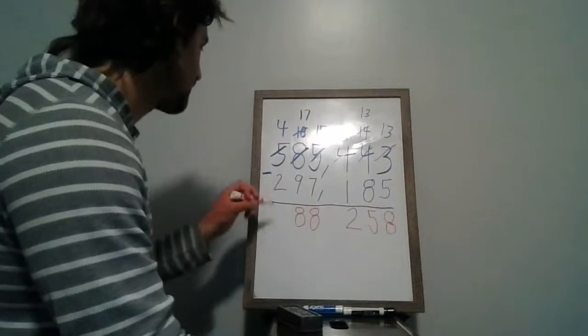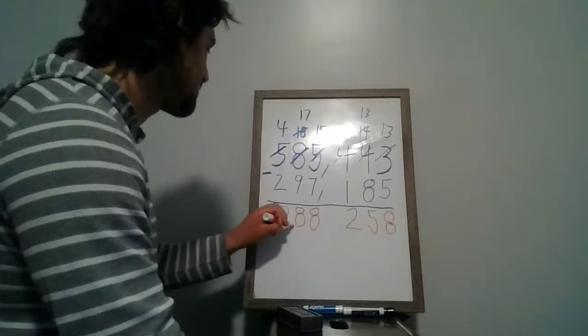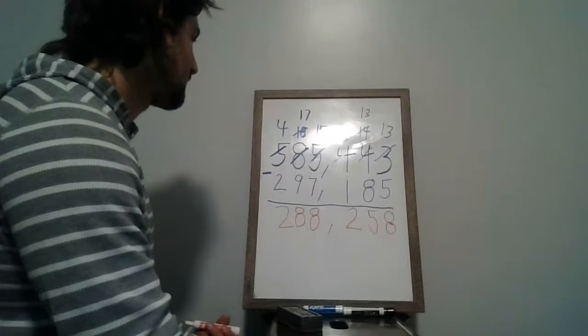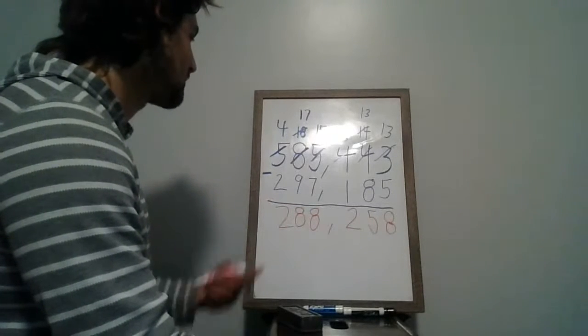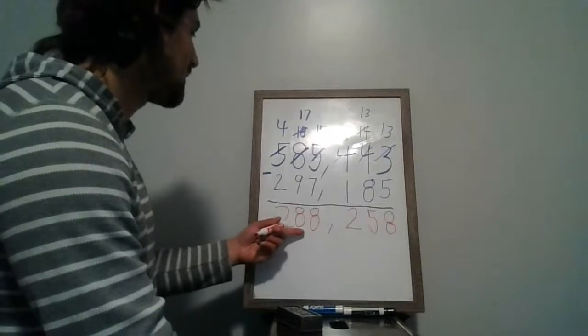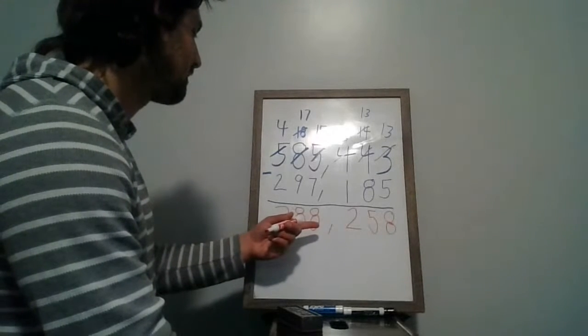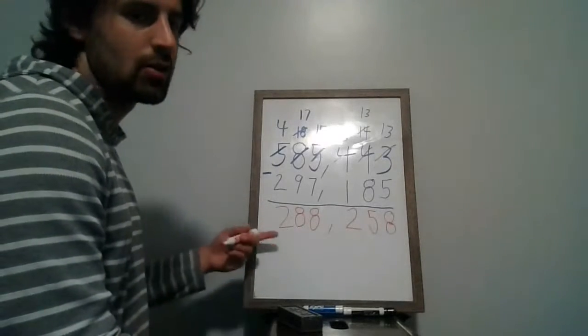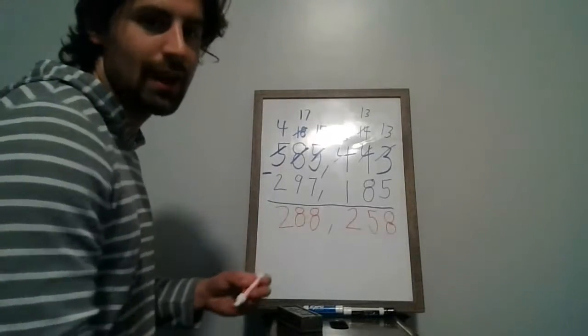And 4 minus 2 equals 2. So our answer now is 288,258. That is our answer.